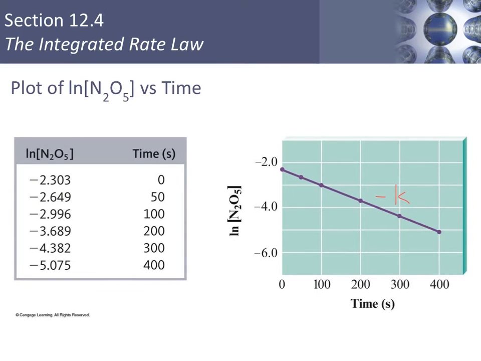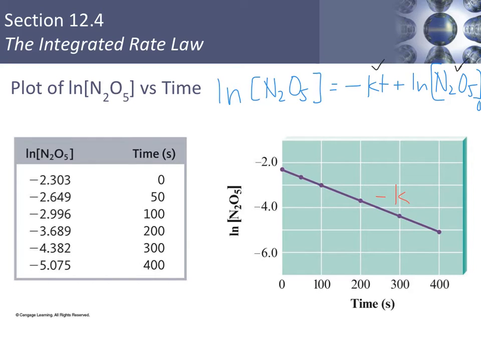This is the rate constant. So we can solve for the slope, and that will be our rate constant. And we know the initial concentration at time 0 for the dinitrogen pentoxide. And so then we could figure out the concentration for any time that we wanted. We could just substitute in the time and solve for our concentration of dinitrogen pentoxide.